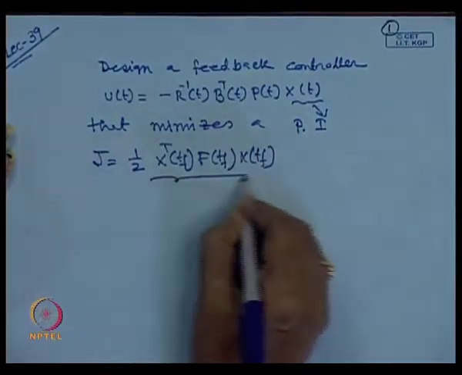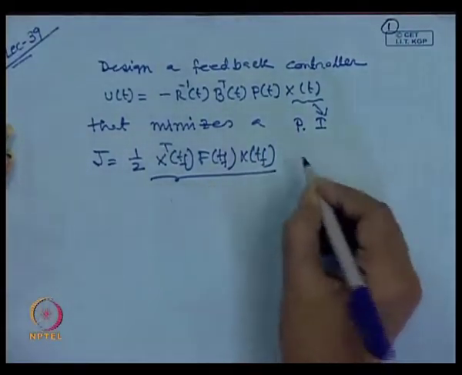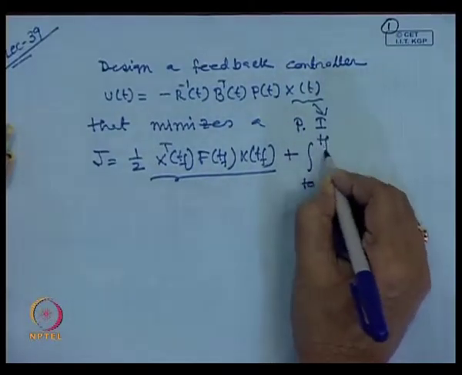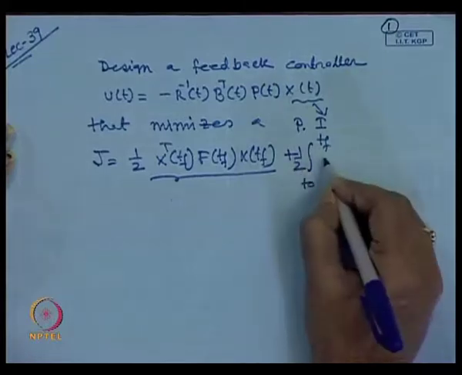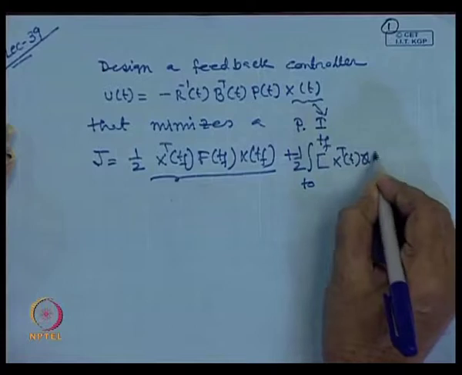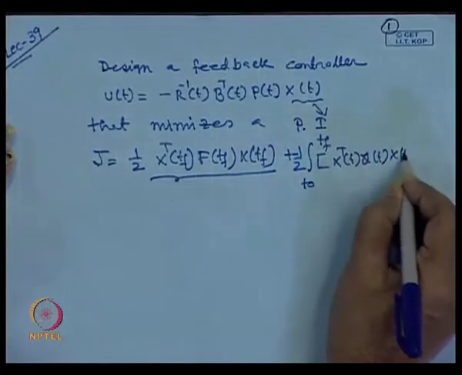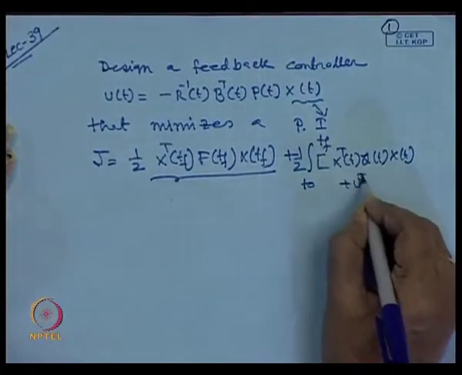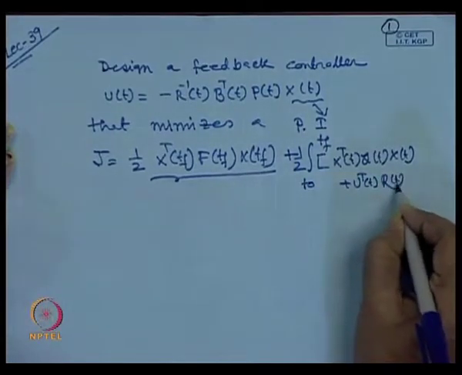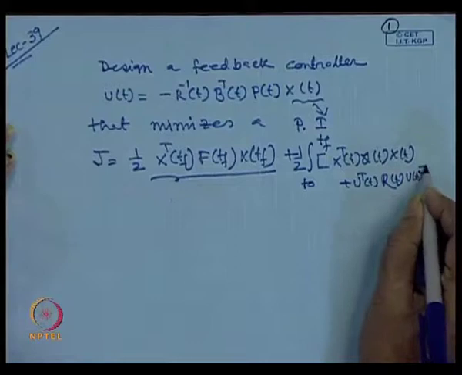This is called the terminal cost. And also integral from T 0 to T f of half, then x transpose Q of T x of T plus u transpose R of T u of T, whole bracket dt.